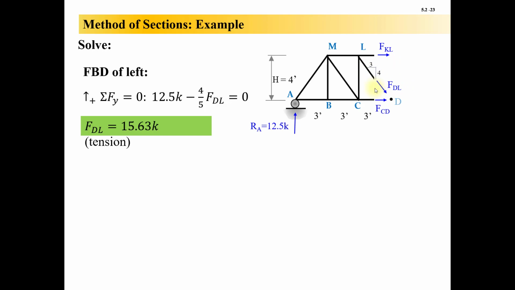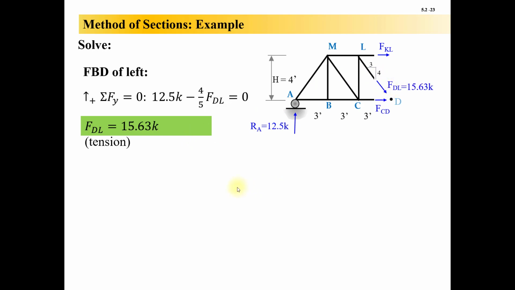It's going to be different for all these different types of trusses, but this is pretty true for this one. You can see here this was an obvious, easy choice to do sum of forces in the y. So I've got 12.5 kips minus 4 over 5 times FDL equal to 0. That gives me FDL is equal to 15.63 kips, and since it was positive, it means it was tension. So this member here is 15.63 kips of tension.